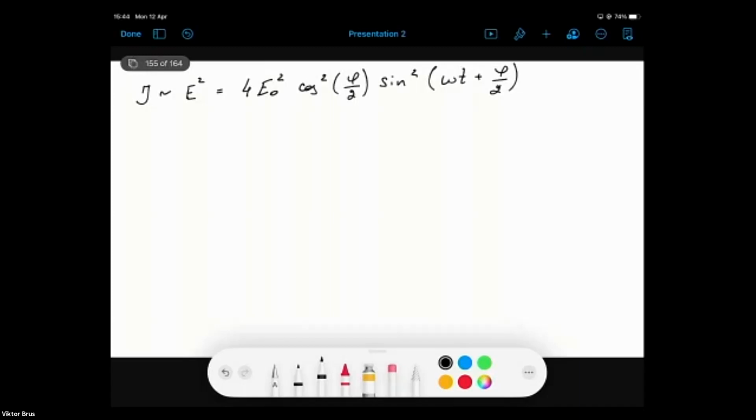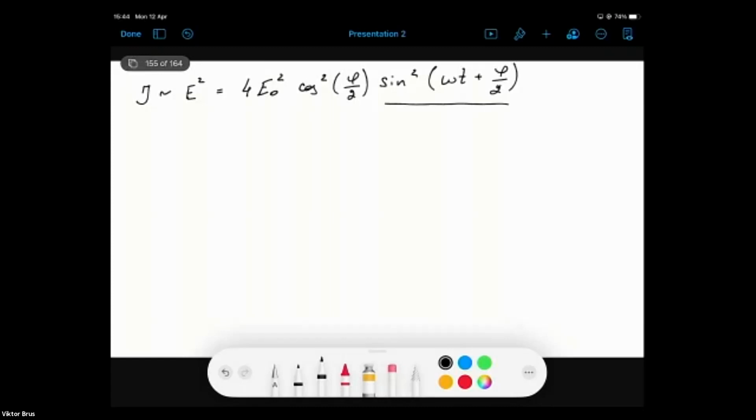So then, in order to get to this average intensity, we need to get the average over one or more cycles for this sine square of omega t plus phi divided by 2.